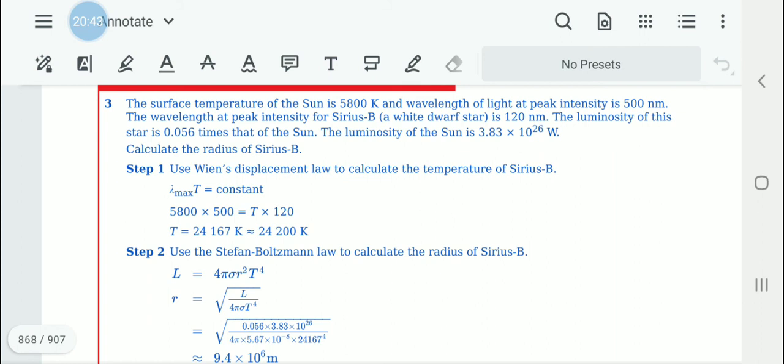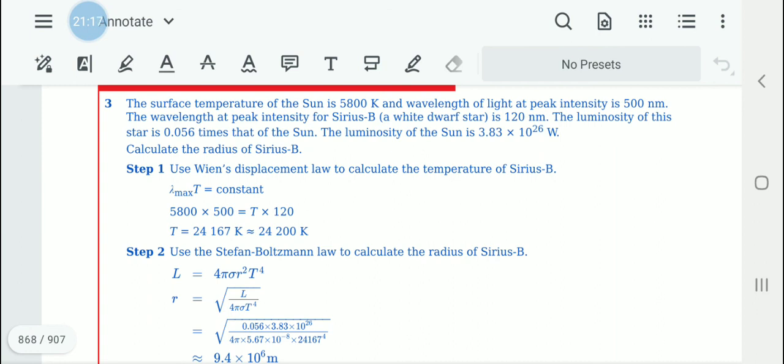That is equal to T into 120. So then we can figure out T is 24,200 Kelvin. I hope that makes sense, because lambda max into T is a constant. Then the lambda max into T of the sun is equal to lambda max into T of Sirius B. So when we calculate that, we get T to be 24,200 Kelvin.